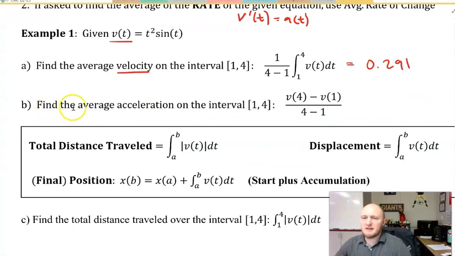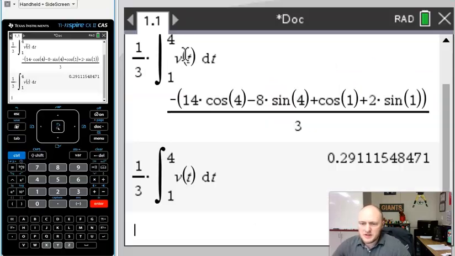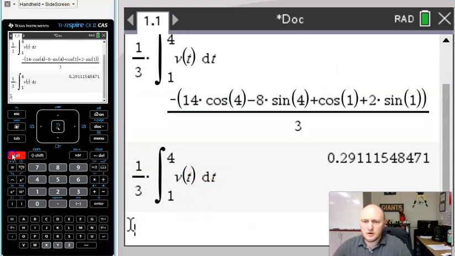All right, now find the average acceleration. Do you see how this is the rate? It's the rate of what's given, the rate of velocity. So here I'm going to use the average rate of change formula, v of 4 minus v of 1 over 4 minus 1. Now, the great thing about these problems is they're going to have you use that same function over and over again.